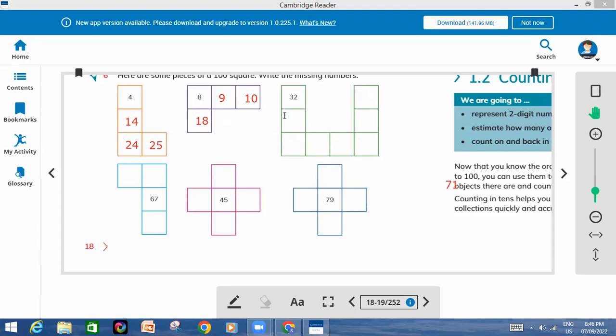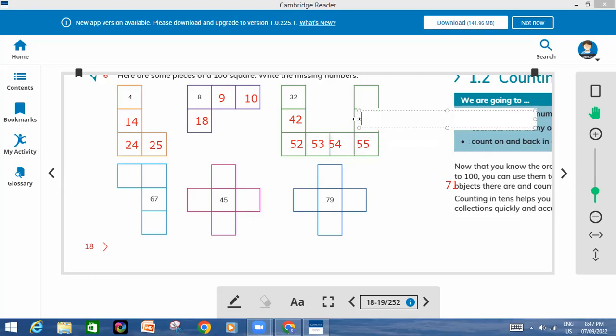Okay, likewise, you can say 42, 52. And again, it is easy. What comes after 52? 53, 54, 55.